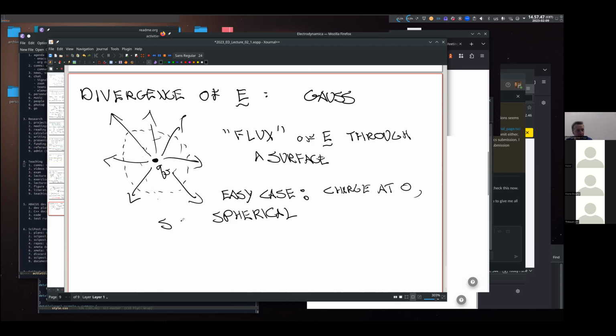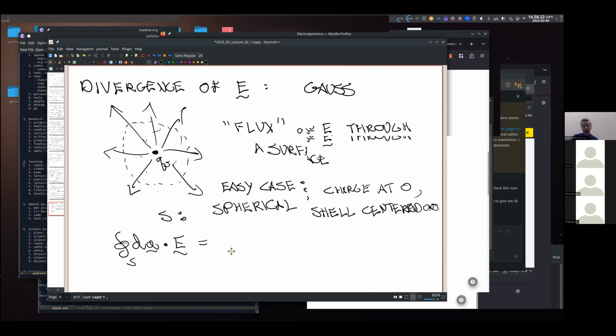So the surface is a spherical shell centered on 0. Then we compute the integral over the closed surface. It's now a closed surface, therefore the little circle on the integral tells you it's a closed surface integral, dA dot E. And what would that be?